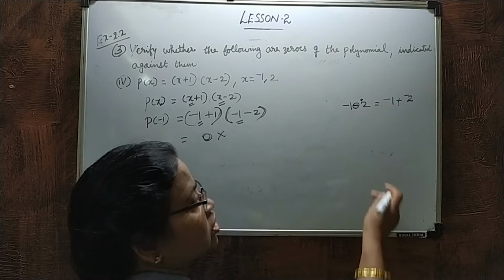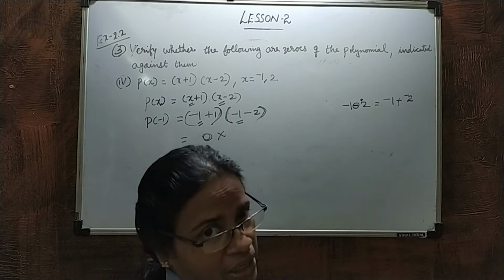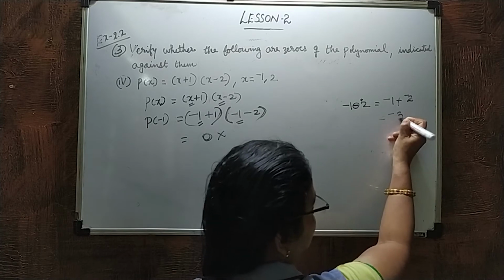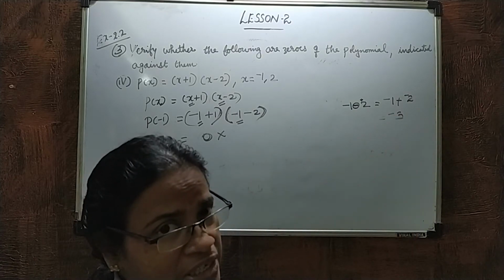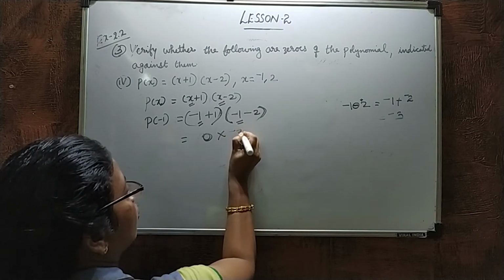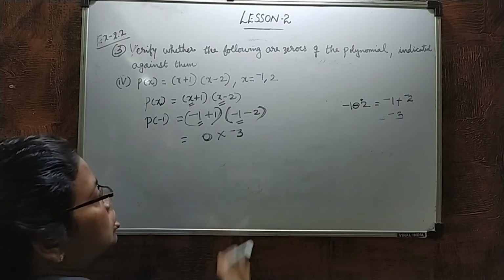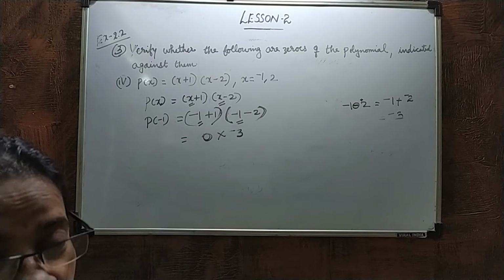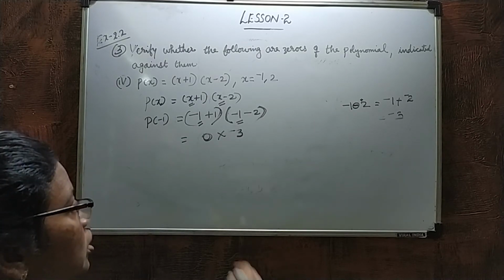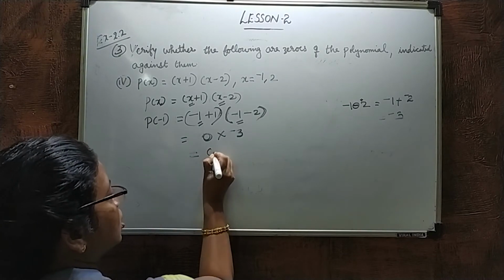Now what is addition with the same sign? What is the answer for that? It is negative 3 you will get. Add and put the same sign. So negative 3. Now look. 0 into negative 3. 0 into any number, what will you get? 0 itself. So here the answer is 0.